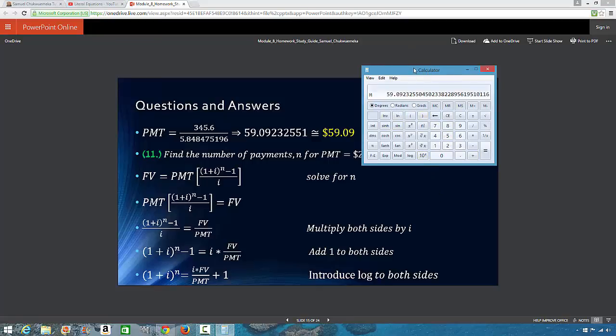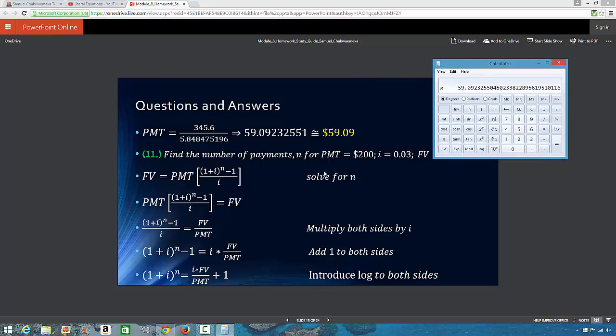Here, you also have to solve for n. And because n is an exponent, you will still have to apply logarithms to isolate n. So please, you see the importance of literal equations.